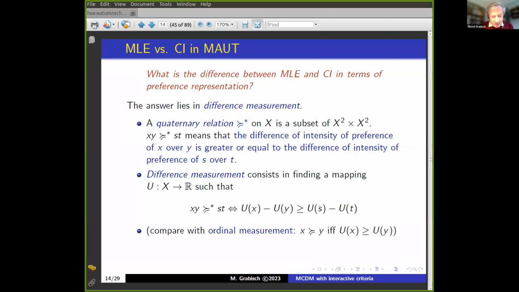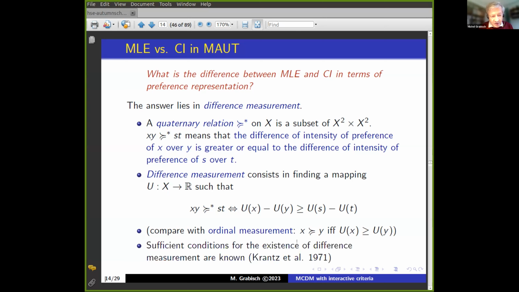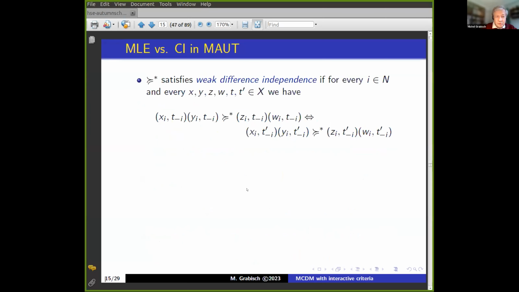Ordinal measurement was similar but much simpler. So let us turn to this property.